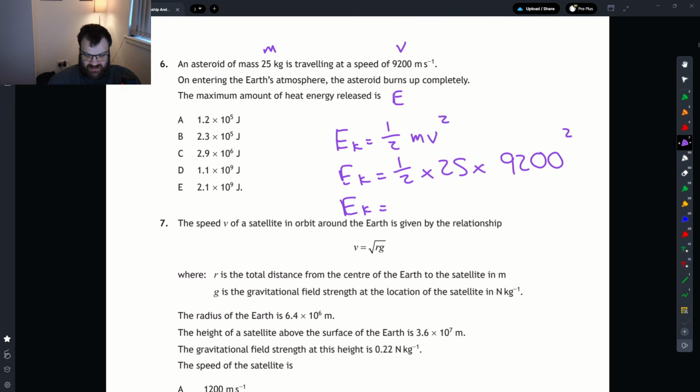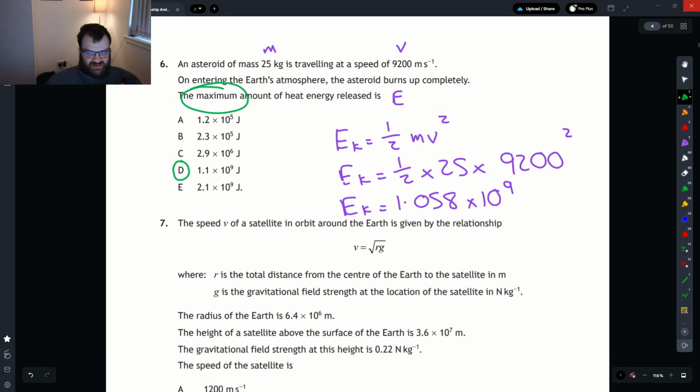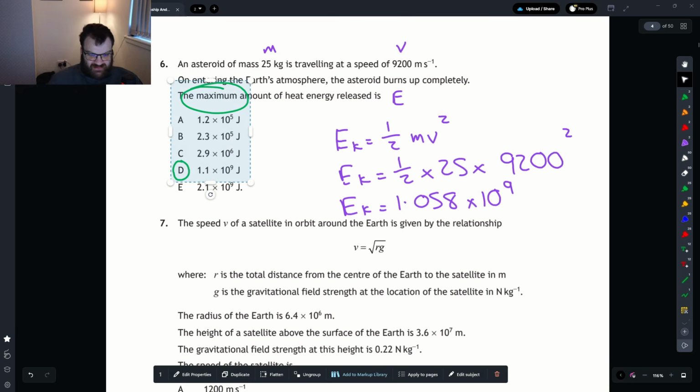Plug that into the calculator. We have 1.058 times 10 to the power of 9. A little bit of rounding. Yes, there's D. That would work out for that. And importantly here, this is presuming that all of that kinetic energy is converted into heat energy. If there was any heat losses, then your value would be a bit lower than that.